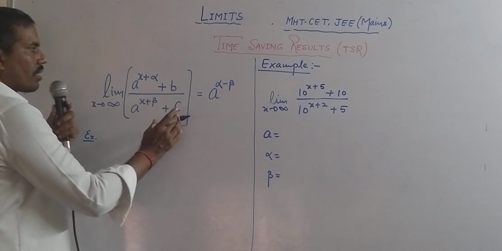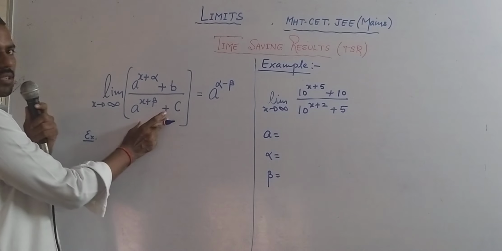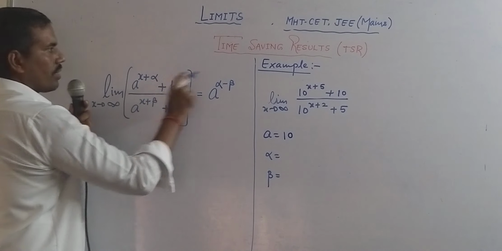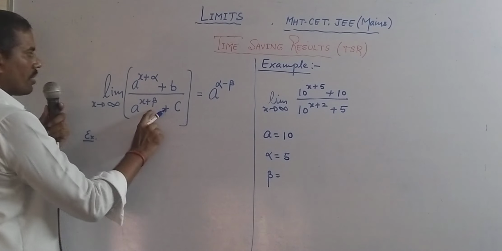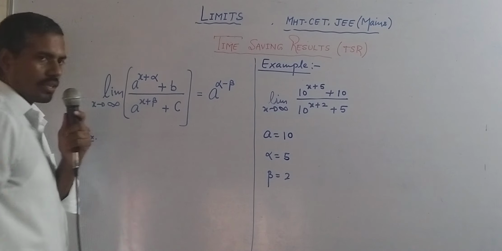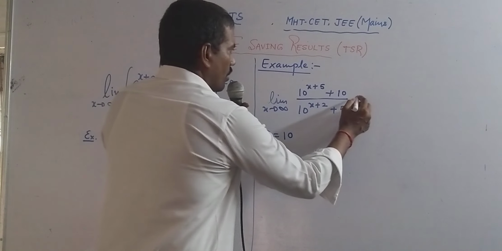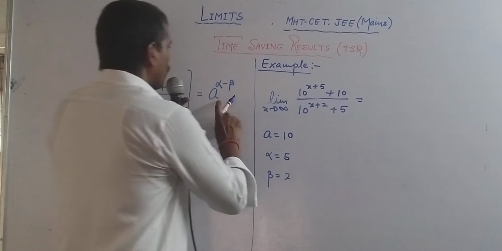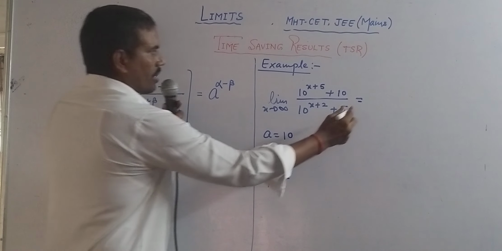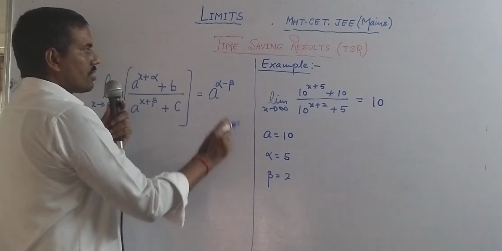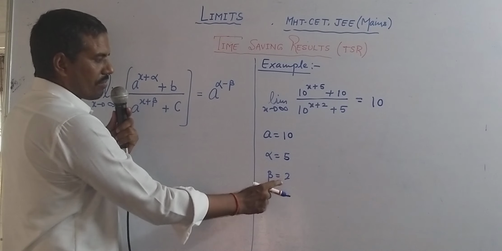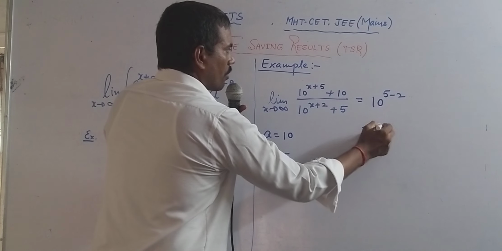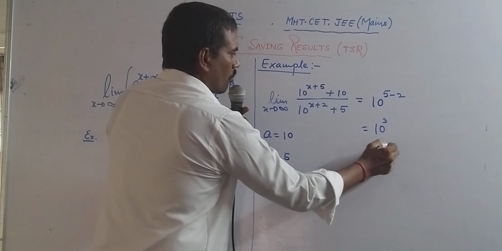If we compare the given question with our result, a is equal to 10, alpha is equal to 5 and beta is equal to 2, then we can give our answer within 2 to 5 seconds as a to the power alpha minus beta. Here a is 10 and the power is alpha minus beta. Alpha is 5, beta is 2, so 5 minus 2. This is equal to 10 to the power 3, and the result is 1000.